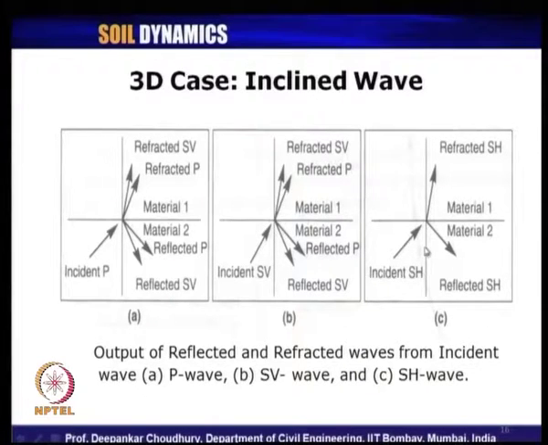This is the angle of incidence, and this is the velocity. When it is transmitted or refracted in the next media, if this is a softer media, this is our angle I. To maintain that ratio constant, sin I by V remains constant as per Snell's law.